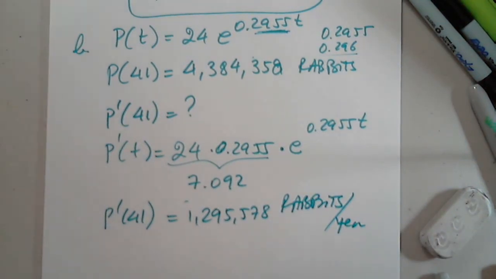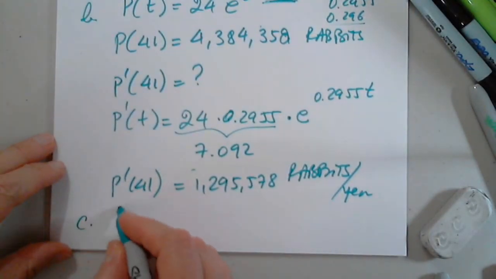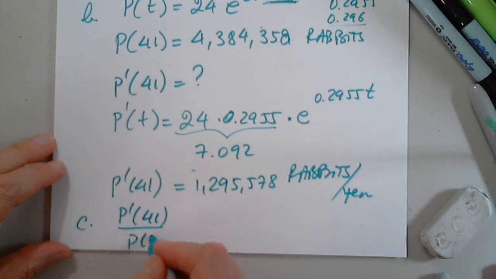Okay, so now final question. It's a lot of rabbits. I know. Without using a calculator, they multiply very fast. They multiply at almost 30% increase every year. So part C, P prime of 41 over P of 41.